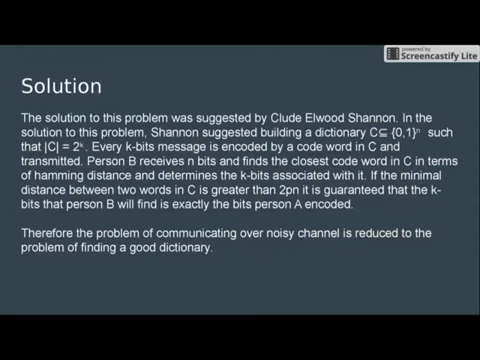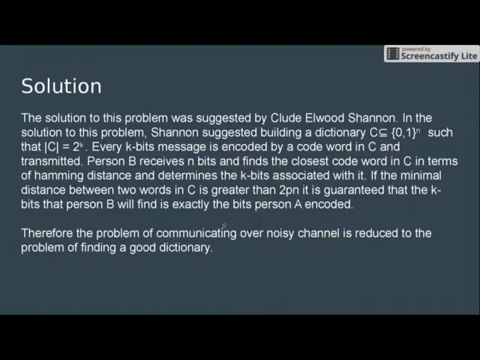In the solution to this problem, Shannon suggested building a dictionary C, which is a set of strings in {0,1}^n, such that the number of elements in C is equal to 2 to the power k. Every k-bit message is encoded by a code word in C, and it is transmitted. Person B receives n bits and finds the closest code word in C in terms of Hamming distance, and determines the k bits associated with it.